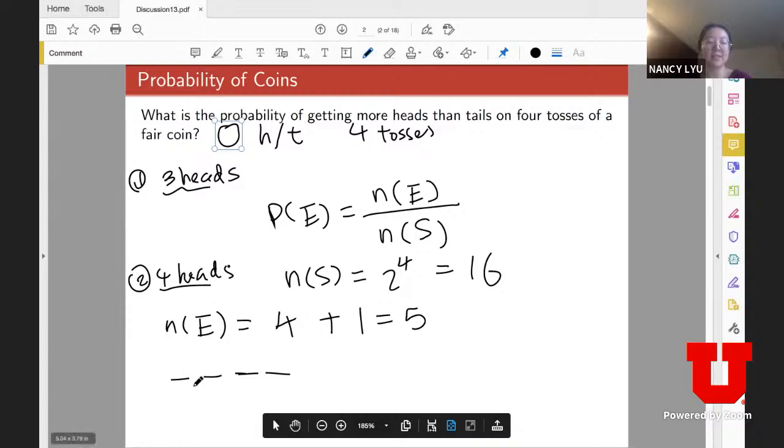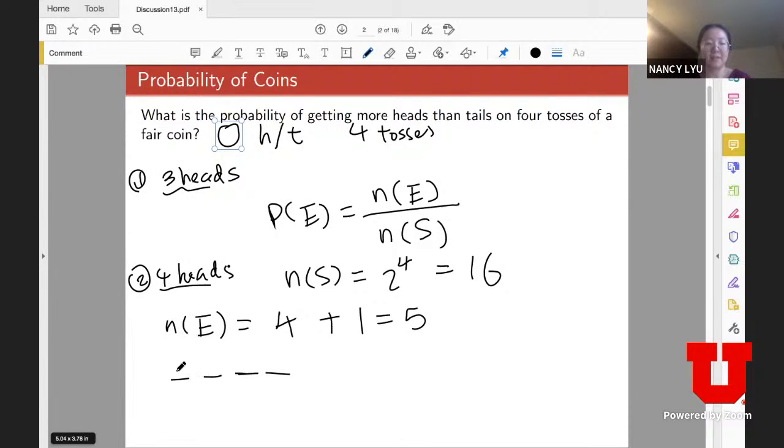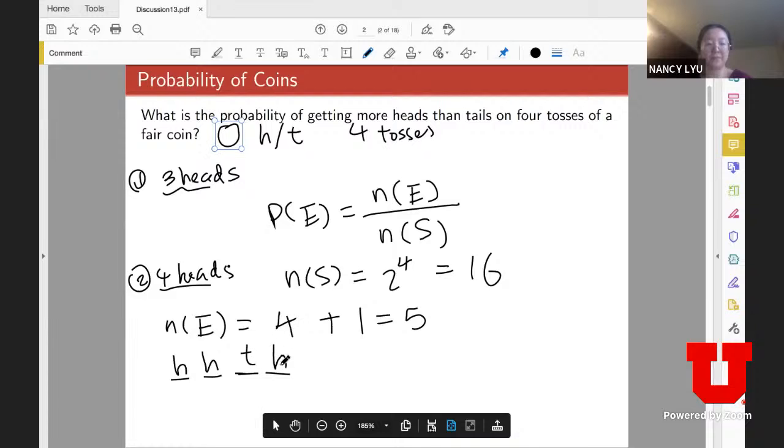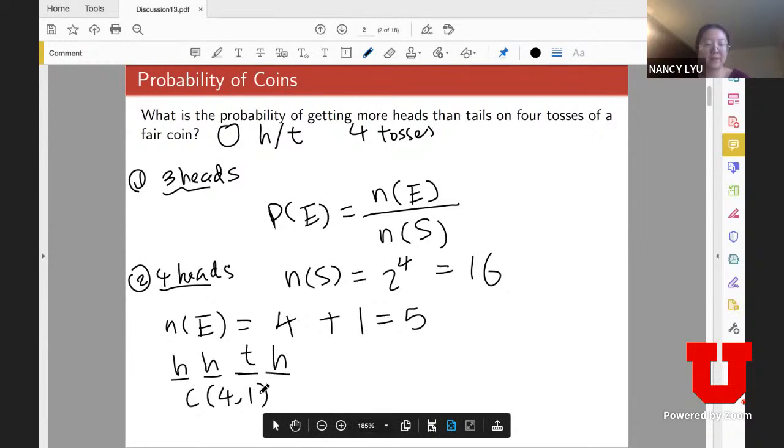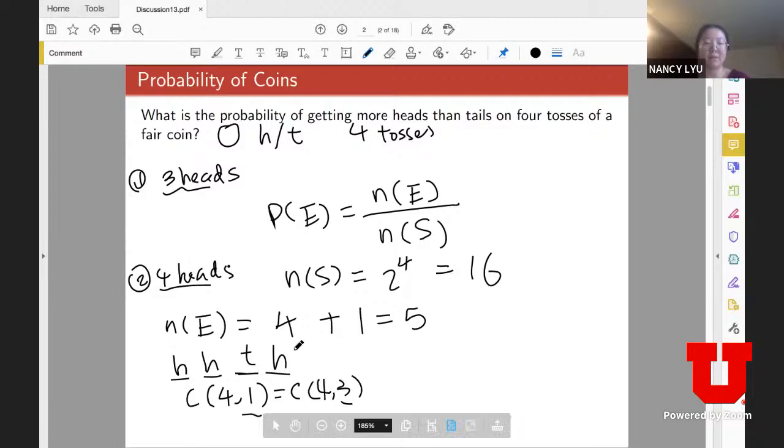Getting 3 heads basically means choosing any 3 spots to place the heads, which is the same as C(4,1), or equals C(4,3). This is like choosing one of the spots that's tail, or choosing 3 of the spots that are heads. And this is where the 4 comes from.